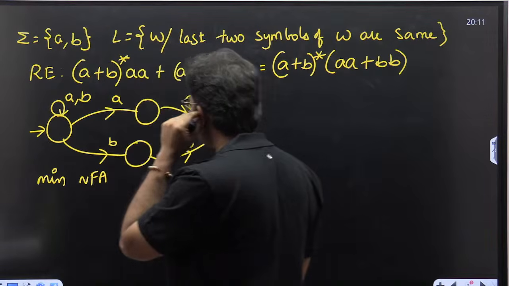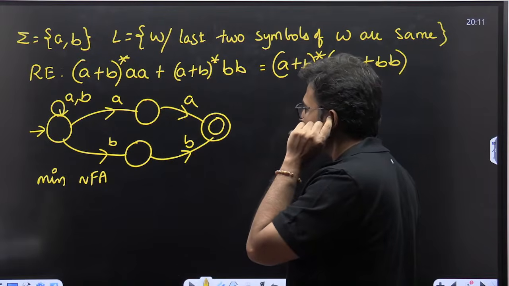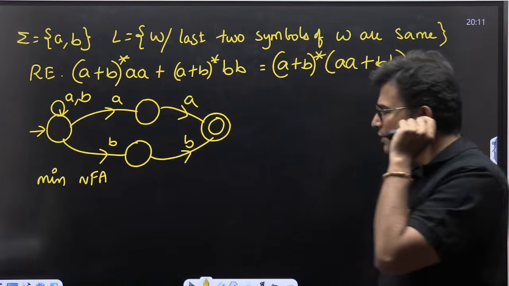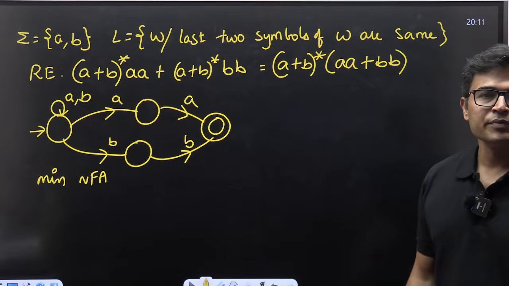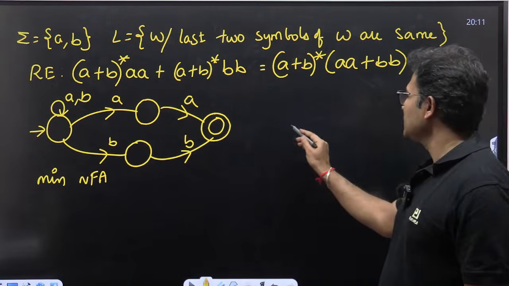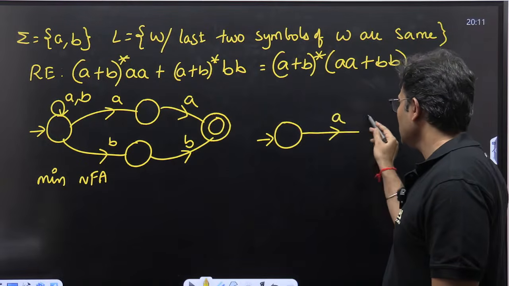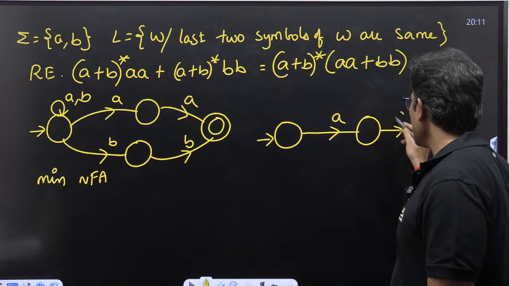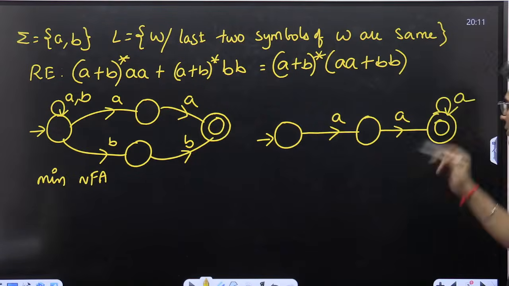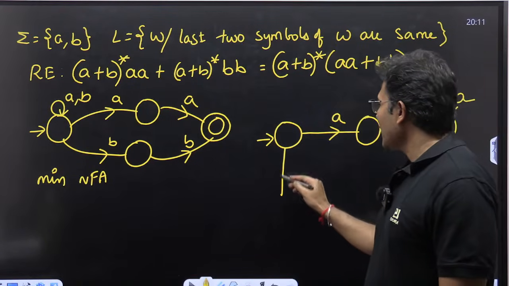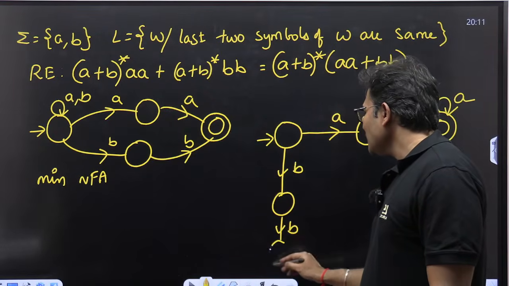And coming to DFA, you have to separate the final state because you have to check whether it is ending with AA or BB. You cannot check that in the same machine. Ending with AA, any number of A's can come and it is still ending with AA. Similarly for BB, any number of B's may come.